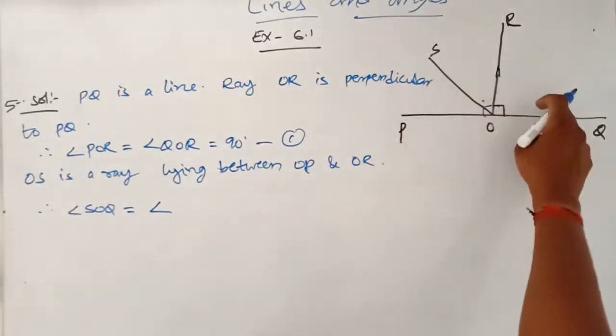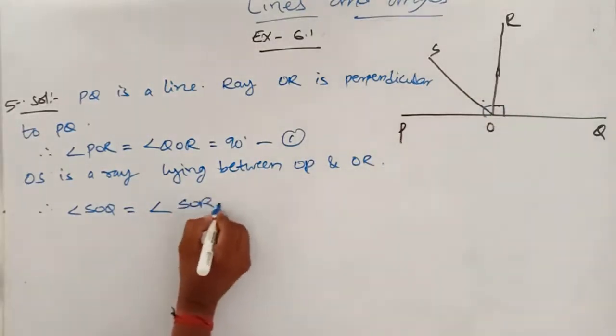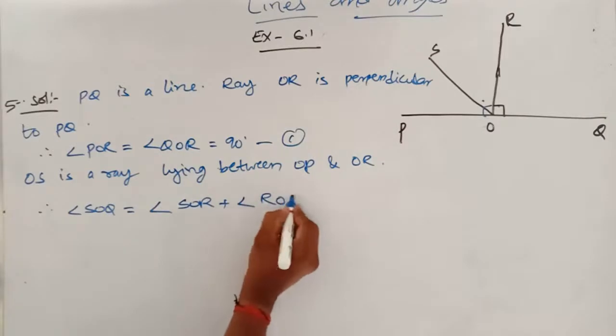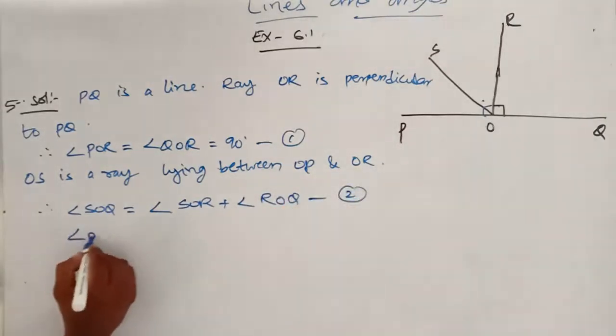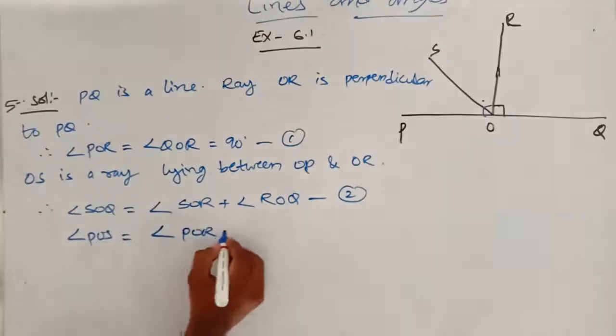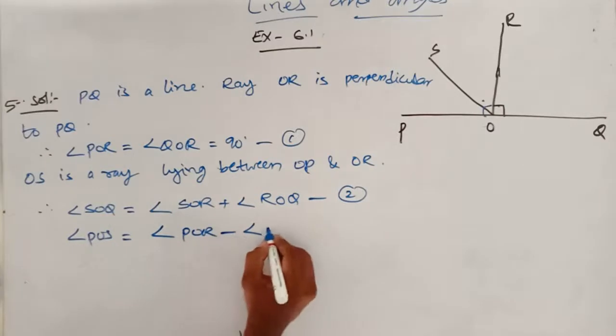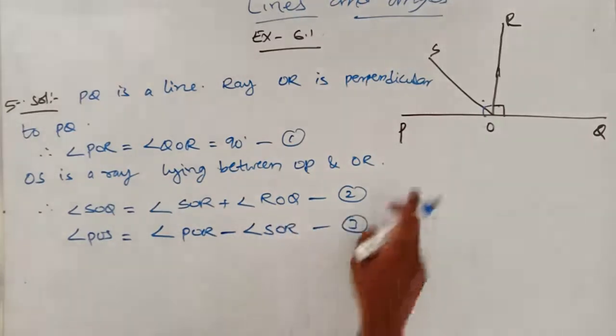Angle SOQ is equal to angle SOR plus angle ROQ. This is the second equation. The next is angle POS is equal to angle POR minus angle SOR. This is the third equation.